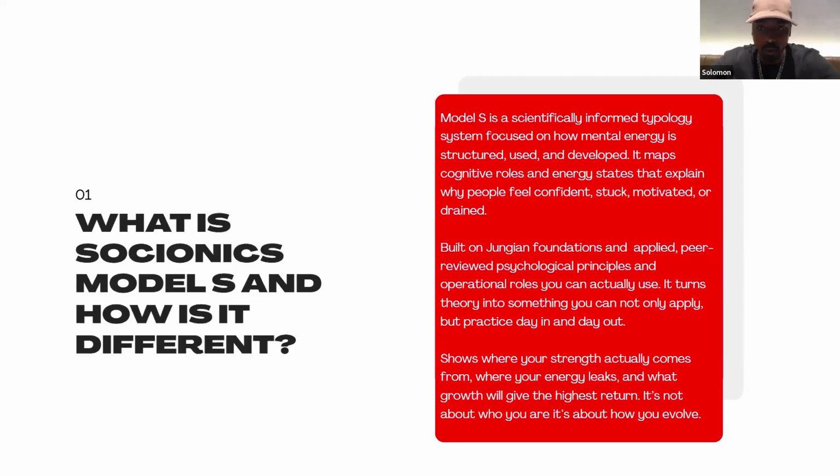It maps cognitive roles and energy states that explain why people feel confident, stuck, motivated, or drained. It's built on Jungian foundations and applied peer-reviewed psychological principles and operational roles that you can actually use. It turns theory into something that you can not only apply but practice day in and day out. It shows where your strengths actually come from, where your energy leaks, and what growth will give you the highest return. It's not about who you are, but about how you evolve.